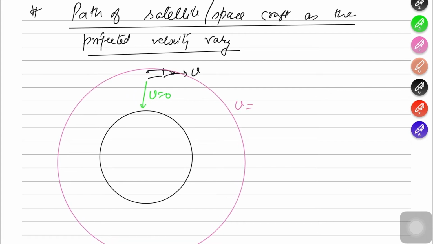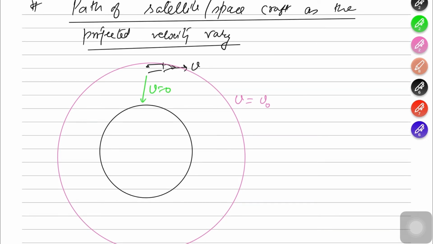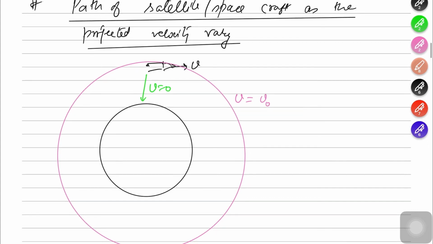This is one of the conic sections. This is when velocity is equal to the orbital velocity. And what happens if velocity is greater than orbital velocity? And what happens if velocity is less than orbital velocity? One more thing.